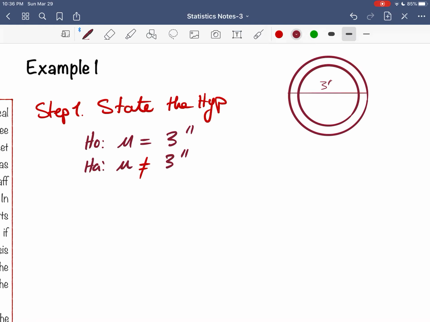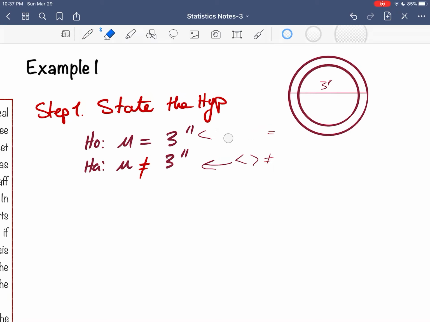So one interesting point I'd like to point out here is that the signs that will be acceptable for the H0 are always going to be with an equality sign within them. So greater than or equal to, less than or equal to, and equal to. Whereas the HA will always have the opposite: greater than, less than, and not equal to. So this also makes your life a little easier knowing that.